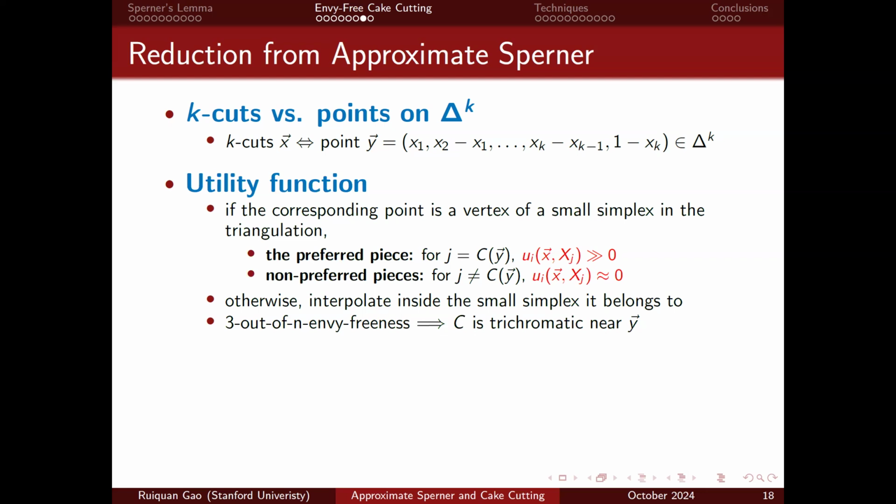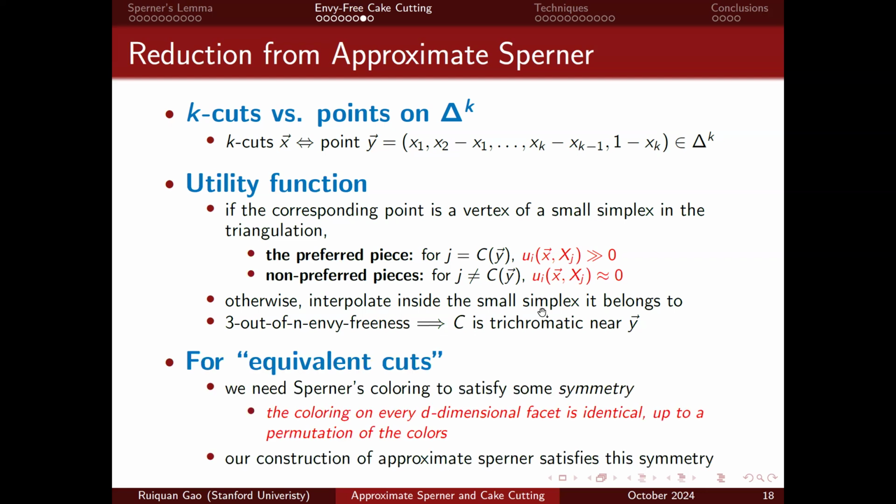In this way, any 3 out of n way free k-cut can imply a trichromatic triangle in the Sperner's coloring. And so we get the reduction from approximate Sperner to this k-cutting setting. To ensure that the utility satisfies the earlier mentioned equivalent cut property, we need the Sperner's coloring to satisfy some symmetry, where the coloring on every d-dimensional facet should be identical up to a permutation of the colors. Our construction of the hard instances of approximate Sperner can satisfy this symmetry.